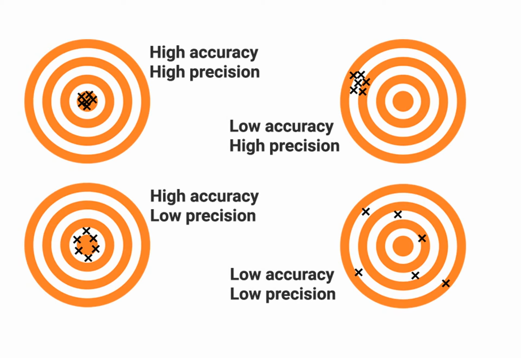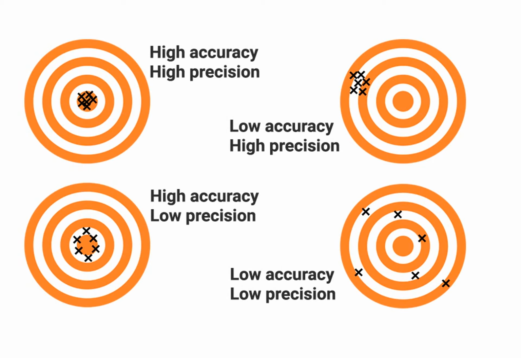One time you have got a value here, the other time here, and the other time here. There is a variation in the values, but they are near to the target. So this is good accuracy and low, or poor, precision.